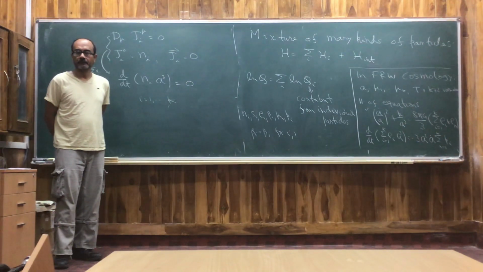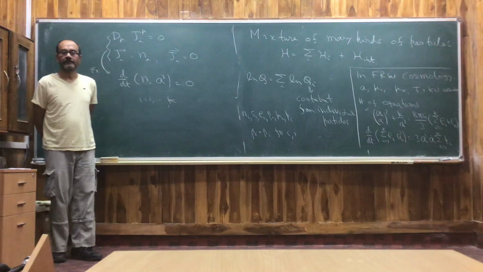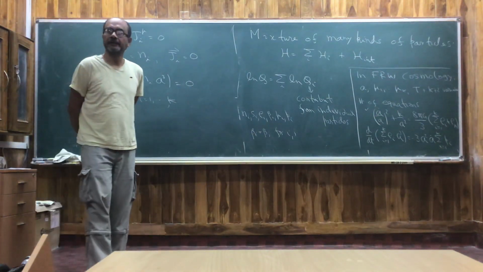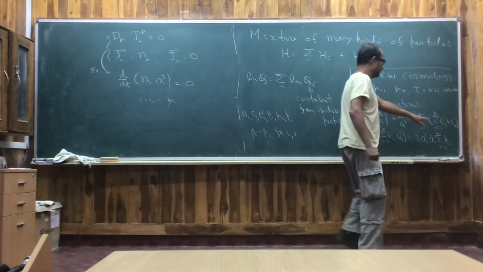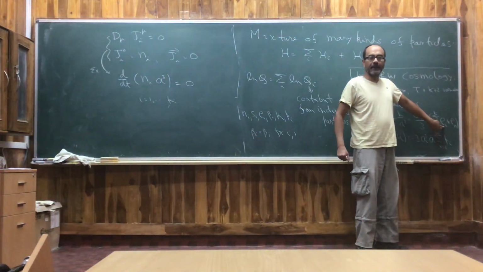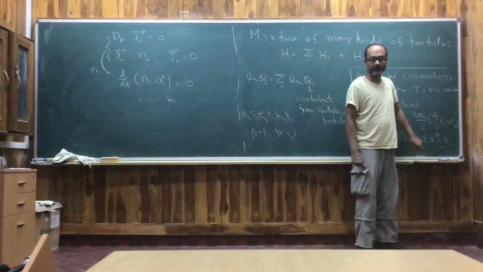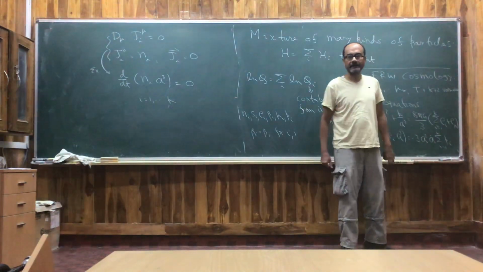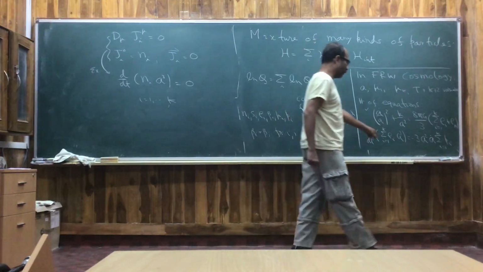Is this clear? Where have we used the equation of state for different components? The equation of state has gone in because these rho_i's have to be expressed in terms of T and mu. Otherwise you have new variables rho_i, which you don't want, and p_i's also. All of these have to be re-expressed in terms of mu and T.